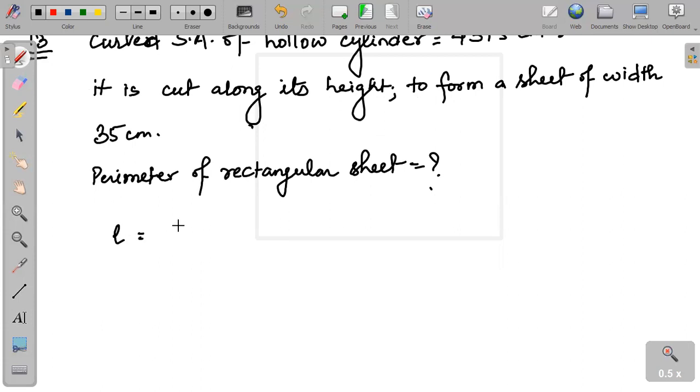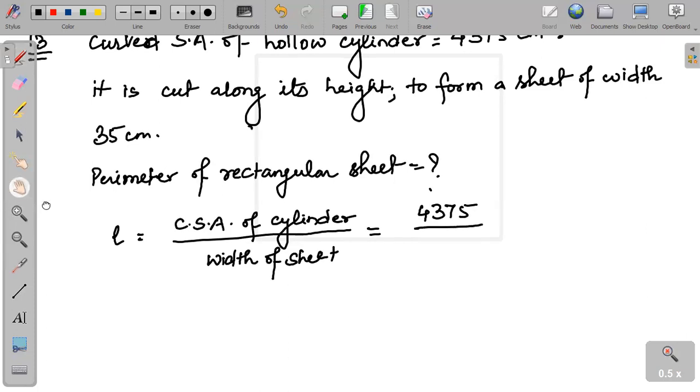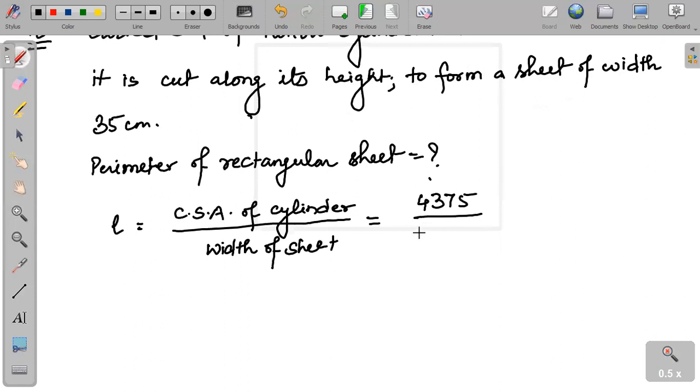length is equal to curved surface area of cylinder upon width of seat. Okay, that is equal to 4375 upon 35.